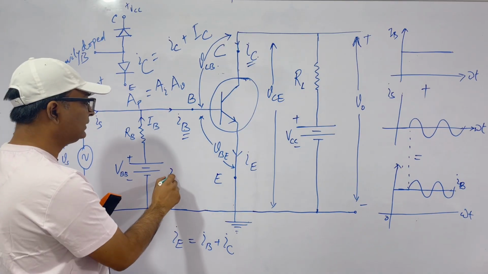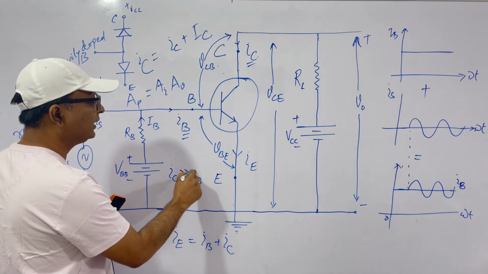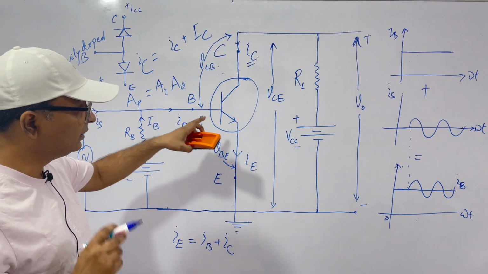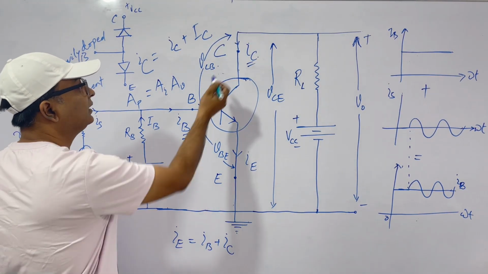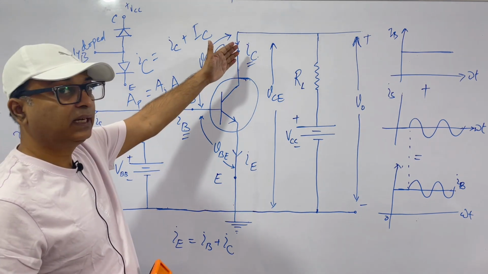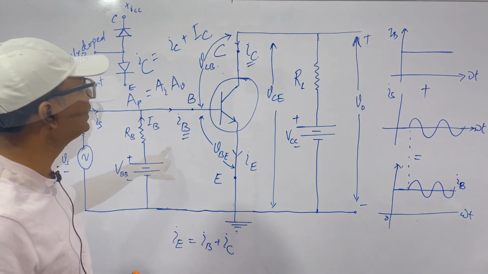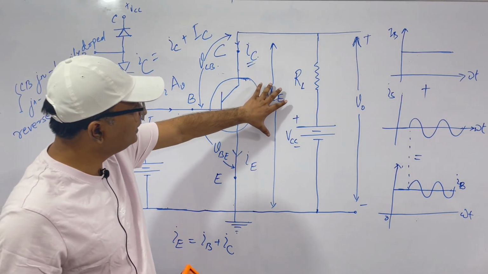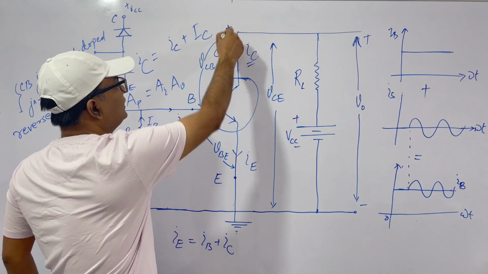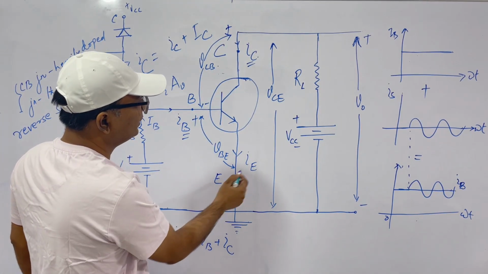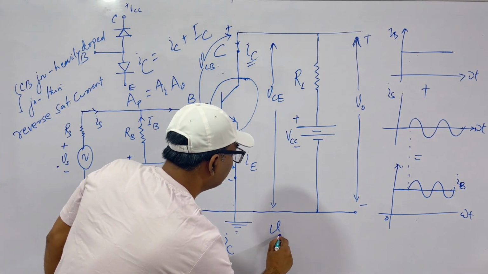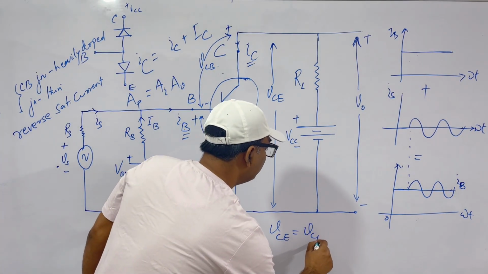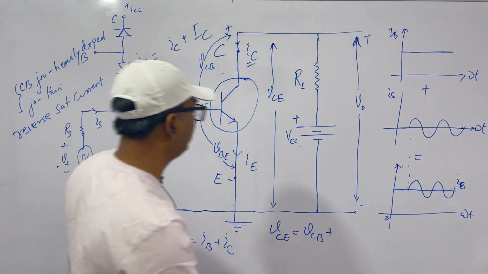I told you this IC is very large compared to IB. So the doping of the base emitter junction is done in such a way that IB can handle a large value of collector current, because that will flow through this circuit. And from here you will see that IE is IB plus IC, and VCE is equal to VCB plus VBE.